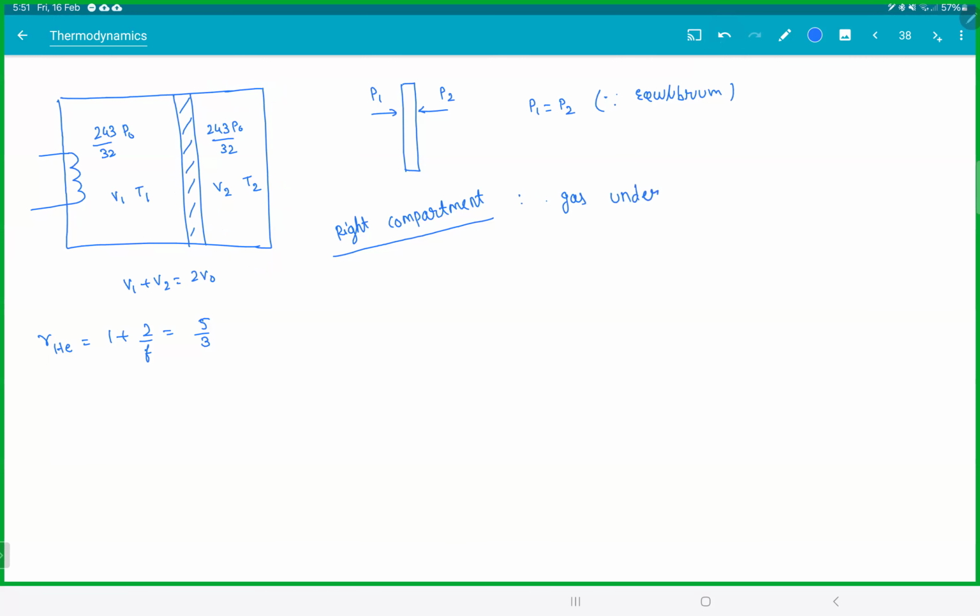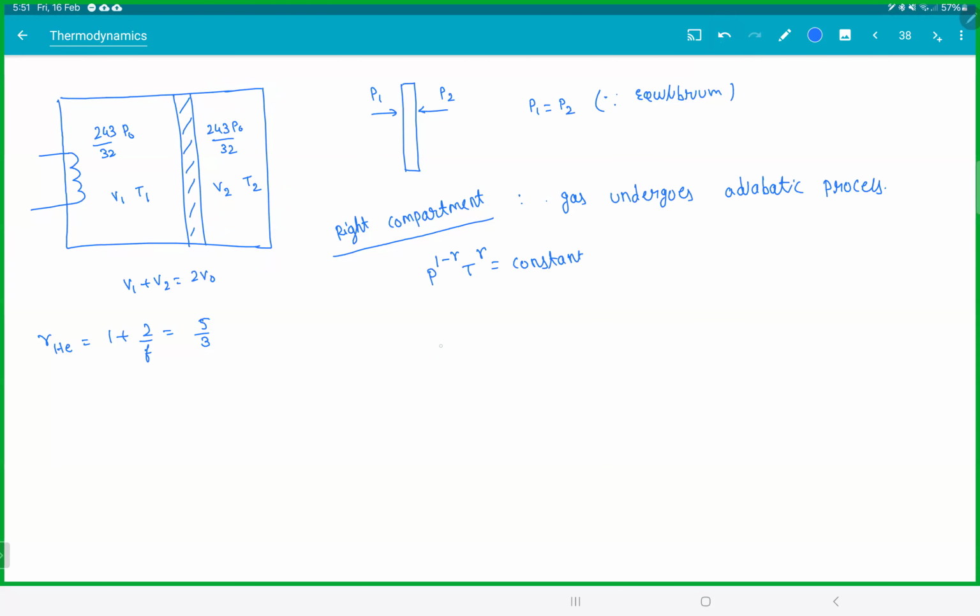The left side gas is getting heat, okay? The right side gas is not getting any heat. So we can apply the formula P to the power 1 minus gamma, T to the power gamma, is constant.